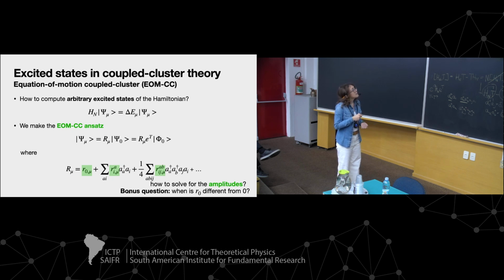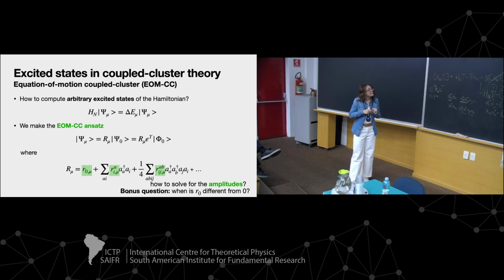So in this case, we say, OK, our excited state will be the action over the ground state of a certain excitation operator. And this excitation operator can actually be written in the same way as the cluster operator. And so at this point, what we say is, OK, how can we solve for these amplitudes that come out into this operator? And actually, there is a difference with respect to the form of the operator in the cluster operator and in this EOM formalism.